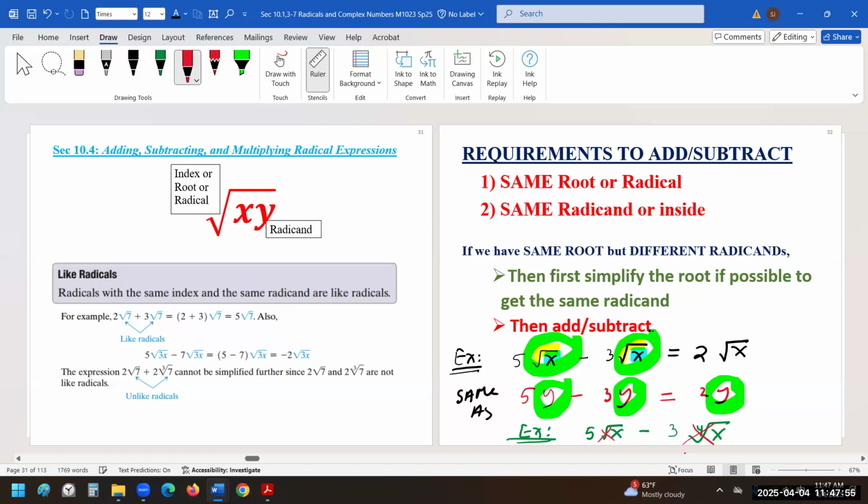Since they are not the same, it's not combinable. Cannot combine. If something is not the same, you cannot combine. In order to combine, two things must be the same: same radical, same radicand.